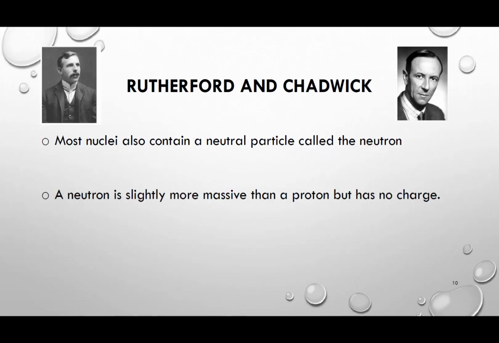Later on, Rutherford, with one of his students, Chadwick, discovered the neutron. They said that at the center of the atom is the nucleus, and there are protons, but the center of the atom is very dense. Protons on their own cannot account for the mass of the atom, so there has to be another species other than protons that contributes to the mass.